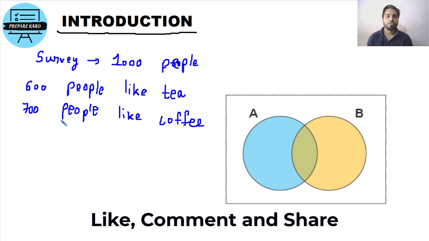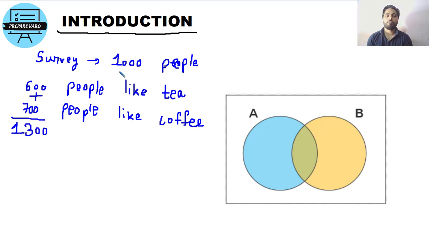This clearly shows that if you add these two numbers, 600 plus 700, this comes out to be 1300, but the total people were 1000. So there is some overlap between the number of people who like tea and the number of people who like coffee.